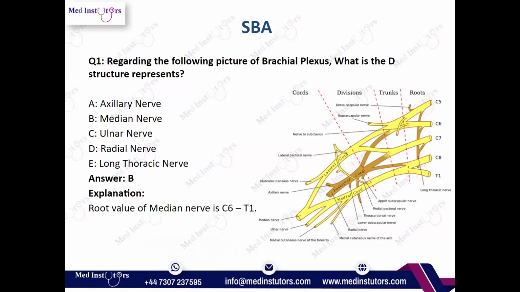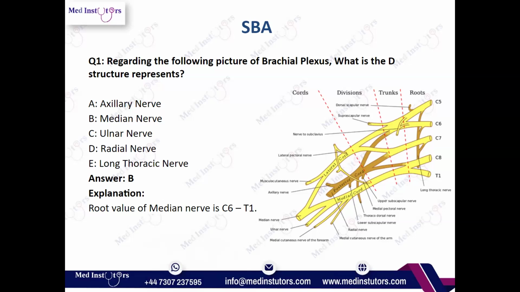In shoulder dystocia, the shoulders of the baby get stuck in the birth canal, and if we want to pull out the baby and apply too much pressure, if we pull very hard, the most important complication after shoulder dystocia is brachial plexus injury. That's why they want you to understand the very basics of brachial plexus.